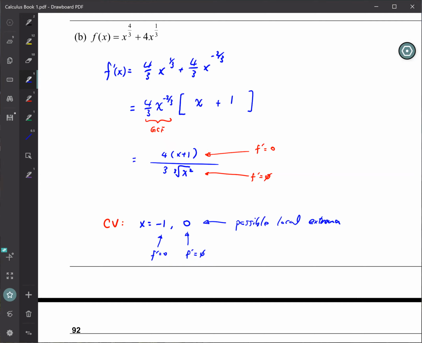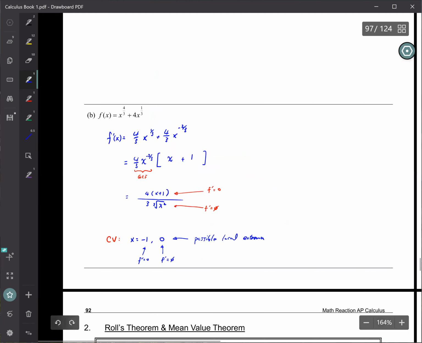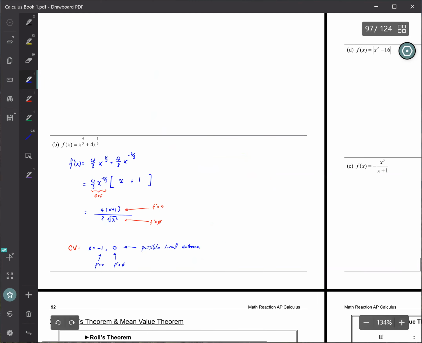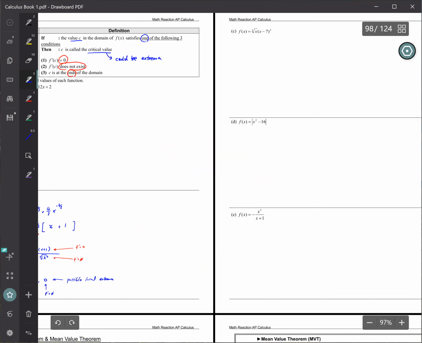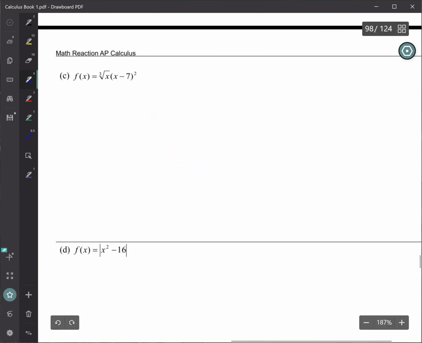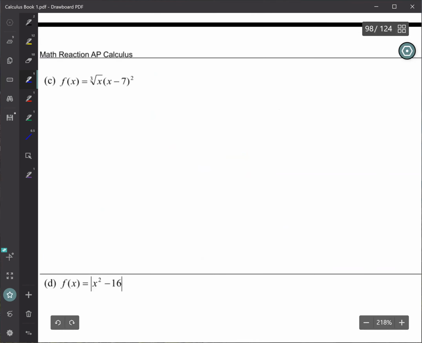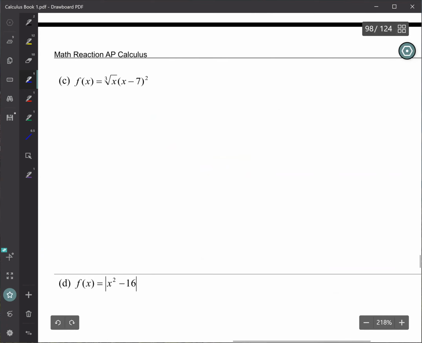All right, so we are gonna do similar things for another question here, Question C. Okay, so same thing, please find the critical values, this time by yourself. So all the rules that you learned before, okay? Power rule, quotient rule, product rule, implicit, right?